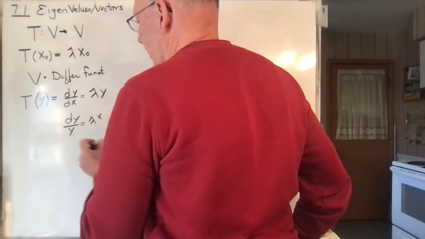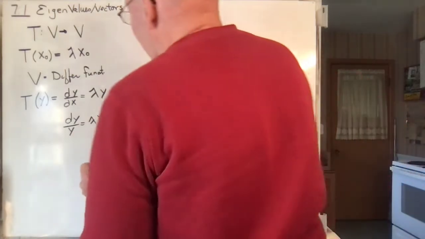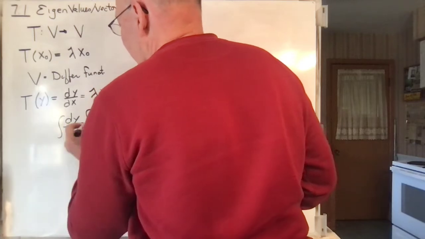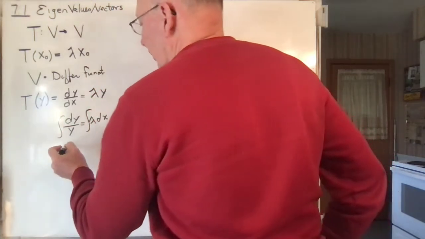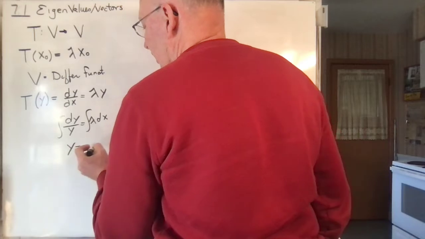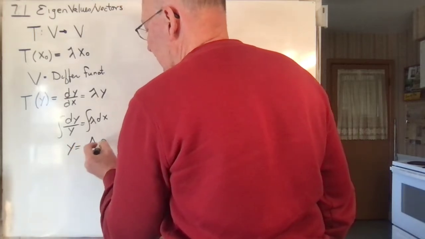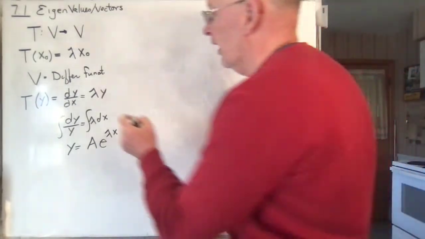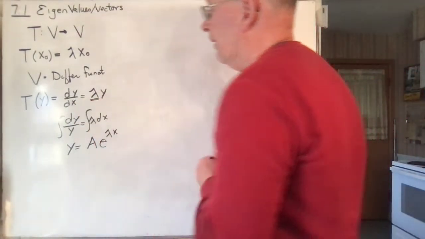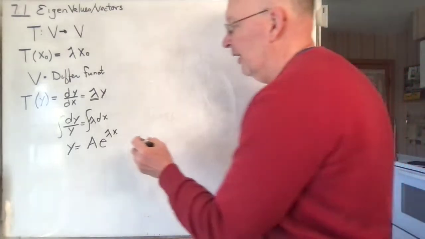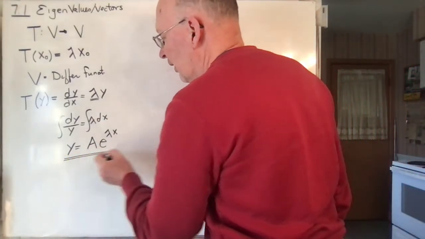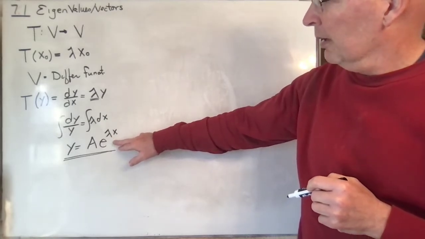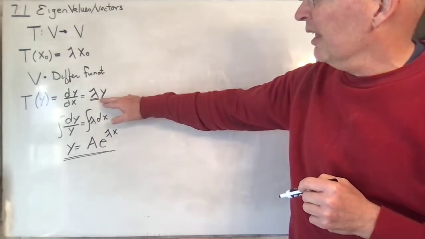Lambda dx, rather. And so you take the antiderivative of both sides, and by the time you're done, y is going to be equal to a e to the lambda x. So it turns out that if lambda is your eigenvalue, then you've got an infinite number of eigenvectors, all of this form, which are associated with that eigenvalue.